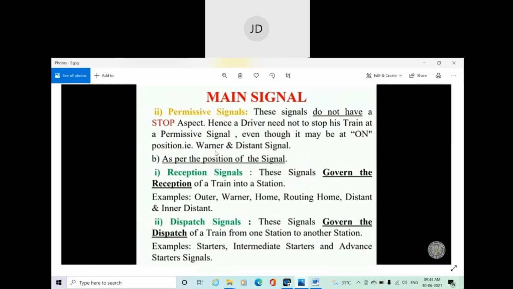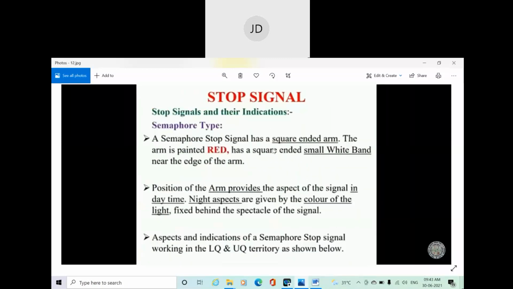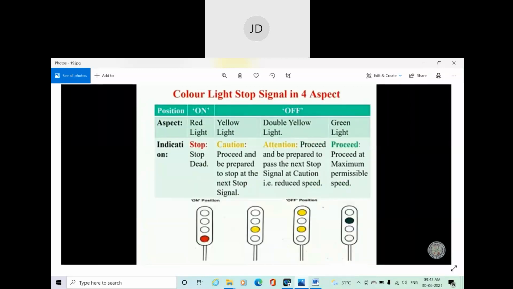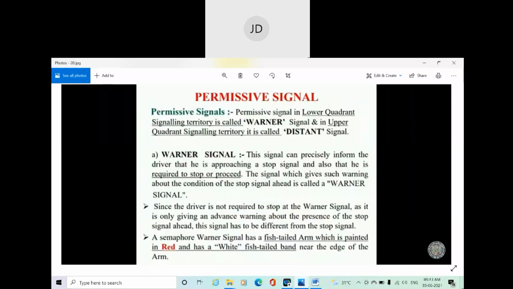Now in case of Warner signal, the semaphore is used in lower quadrant. In case of distant signal, the semaphore is used in upper quadrant. This is the basic difference. A permissive signal in lower quadrant signaling territory is called Warner.